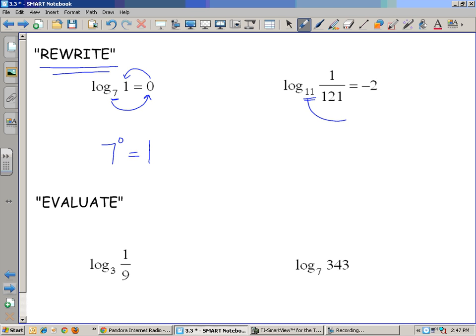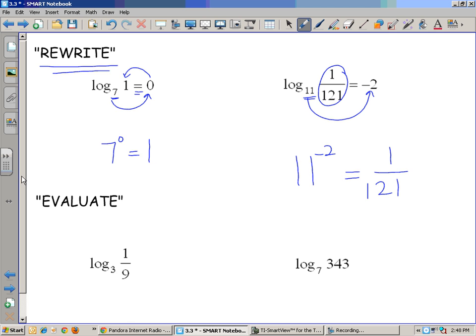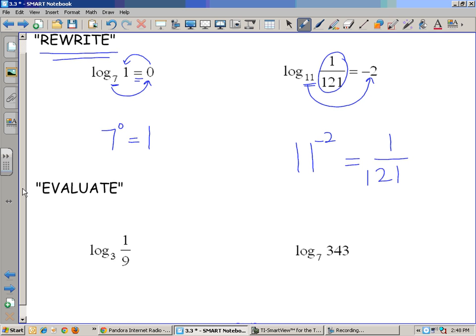I take 11 and I bump it to that power, and I set it equal to the inside. Okay, so when you're rewriting, you're basically taking the log and rewriting it as an exponential. Okay, that's all you're doing. And it turns out that that is simply taking an equation, notice the equal sign, and rewriting it from a log to an exponential.